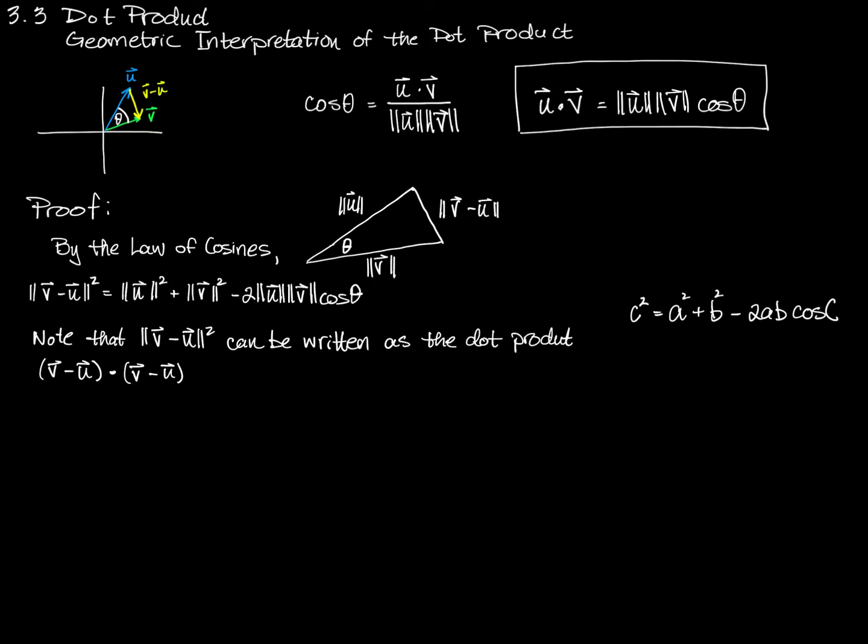I've used parentheses here rather than brackets because each of these things inside the parentheses is itself a vector, and I'm just using the parentheses to group the vectors. Without them, I'd have v minus u dotted with v minus u, and this dot product would have to come first. That's not the same thing. So I've used the parentheses just to group my vectors so that I don't make that mistake.